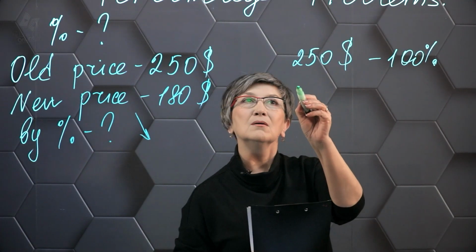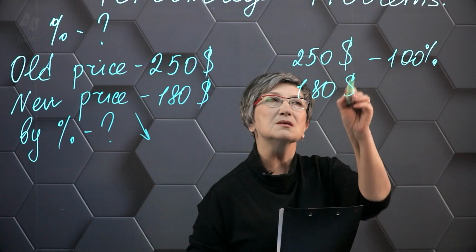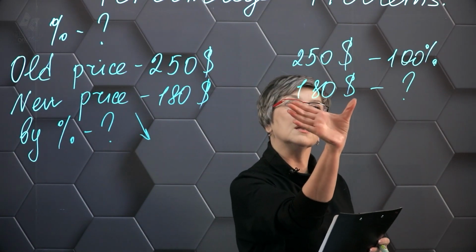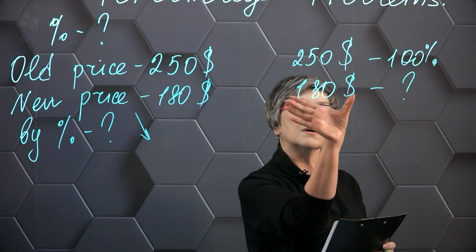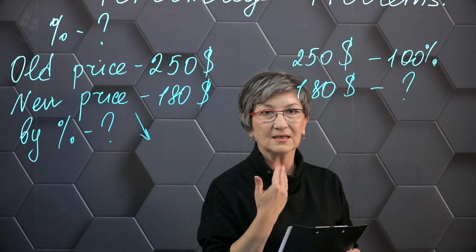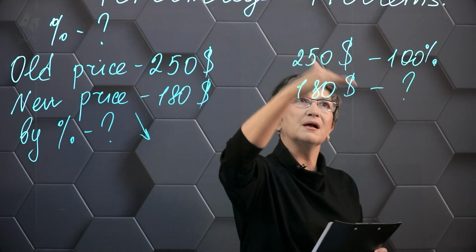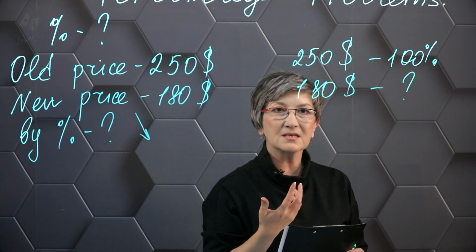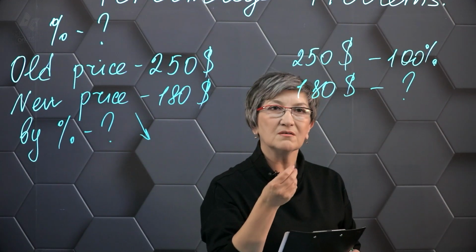And now I've got 180. I don't know how much is 180%. Now notice I put the cost in one column, the percentages in the other column. And only then did I check to see if I wrote it down correctly, because that's going to determine whether we're doing this proportion correctly or using our rule of proportion.